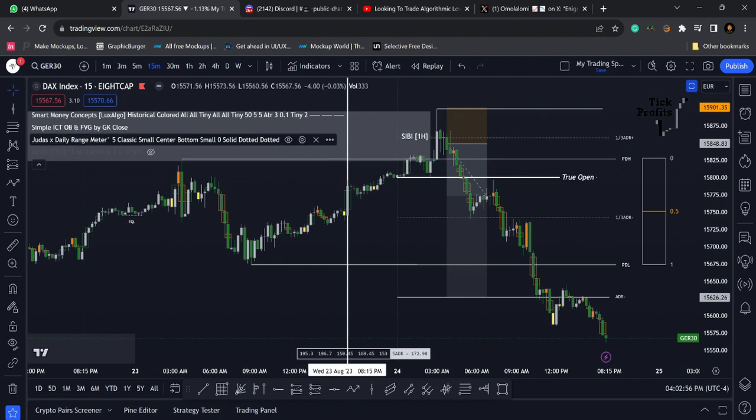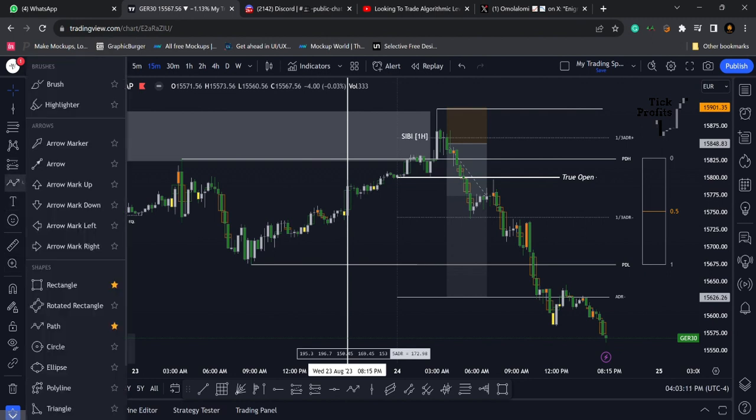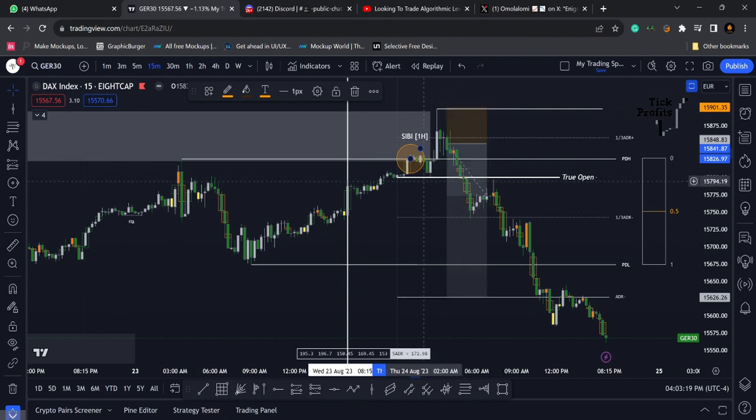DAX, while making the false move, from the open, it now went up and took the previous day's high. This is the previous day's high. It took it right here. That's the previous day's high.